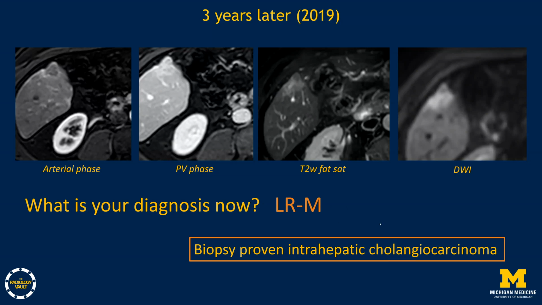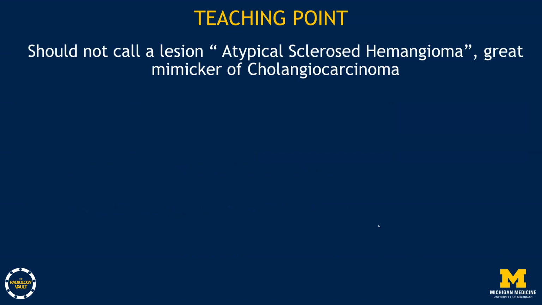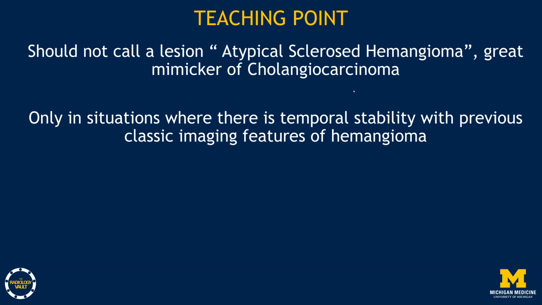Now, the teaching point here is that an observation should not be called atypical sclerosed hemangioma until you have temporal stability with a previous observation showing classic imaging features of a hemangioma, because this is a great mimicker of a cholangiocarcinoma. And if you are uncertain, biopsy is the key to diagnosis.